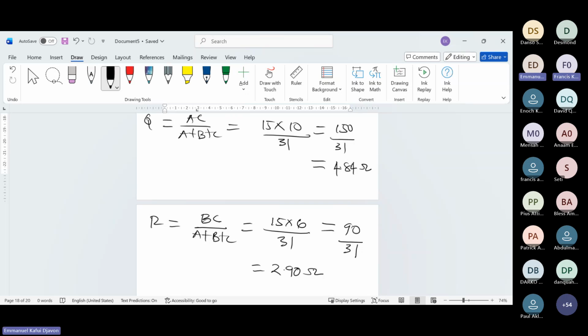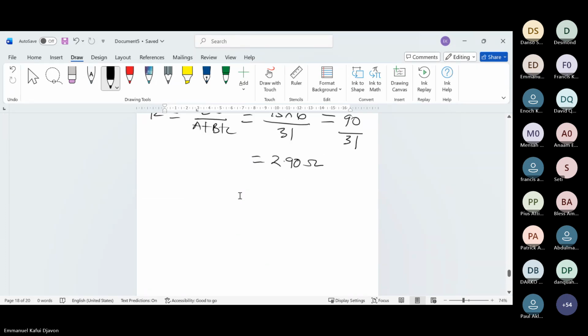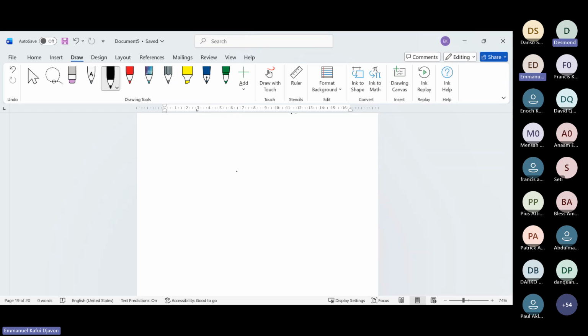Okay, so let's now draw our transformed network.